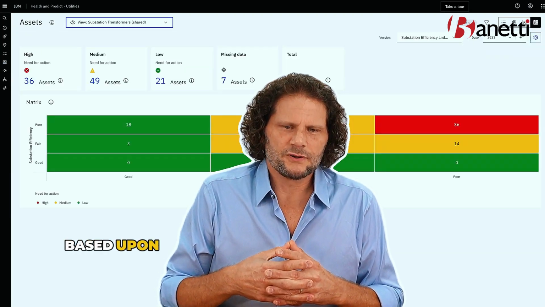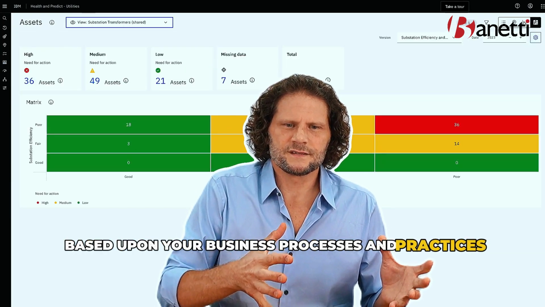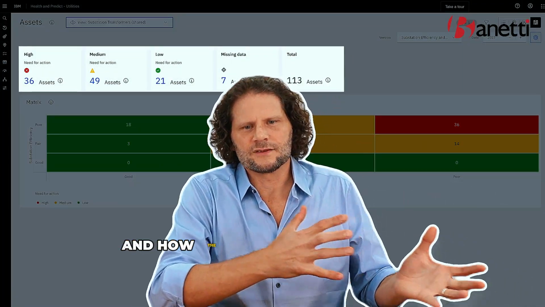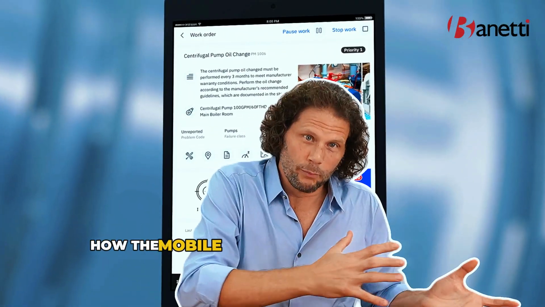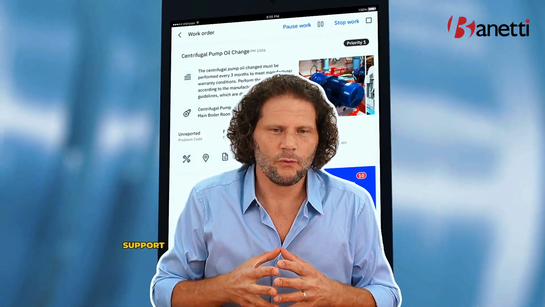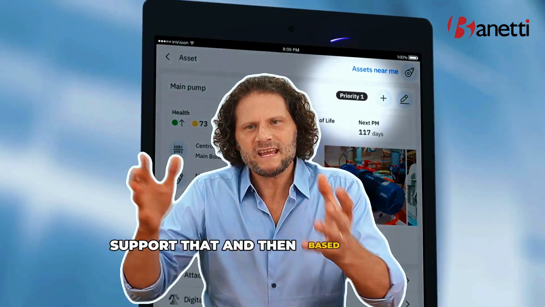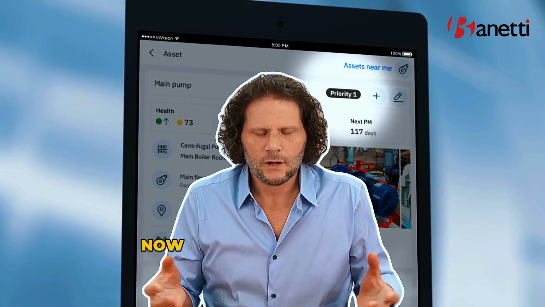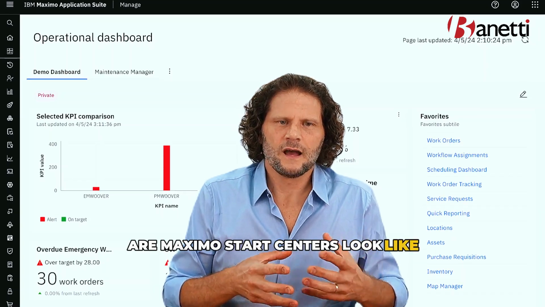And then based upon your business processes and practices, we're going to look at how workflow is configured and how the screens are configured, how the mobile application is configured to support that. And then based upon that, we'll come back and we'll say, okay, now, what do our dashboards, our Maximo Start Centers look like?